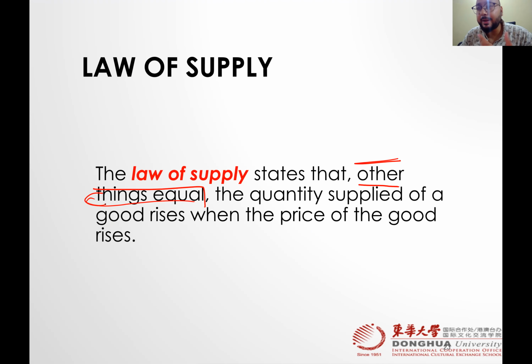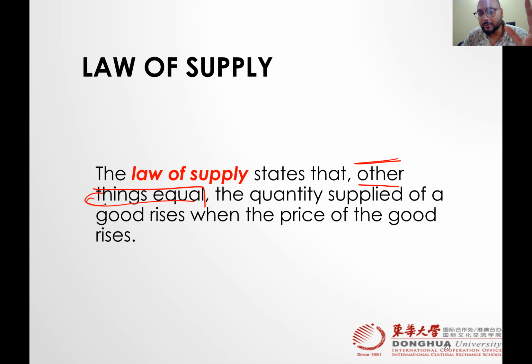In that case, like anti-dumping policies, it doesn't follow the law of supply, but still you want to supply more at a lower price. In that case, this is not rationality. Remember, that's why we have other subjects to define that. But economics assumes that people are rational. People make rational decisions, rational choices. So that's why fashion and all those things are not explained by economics, right?